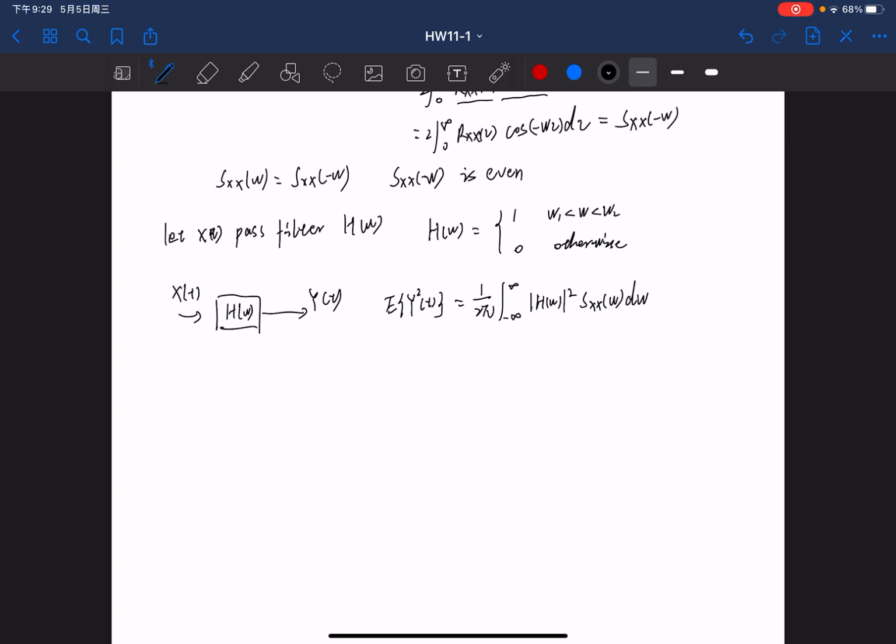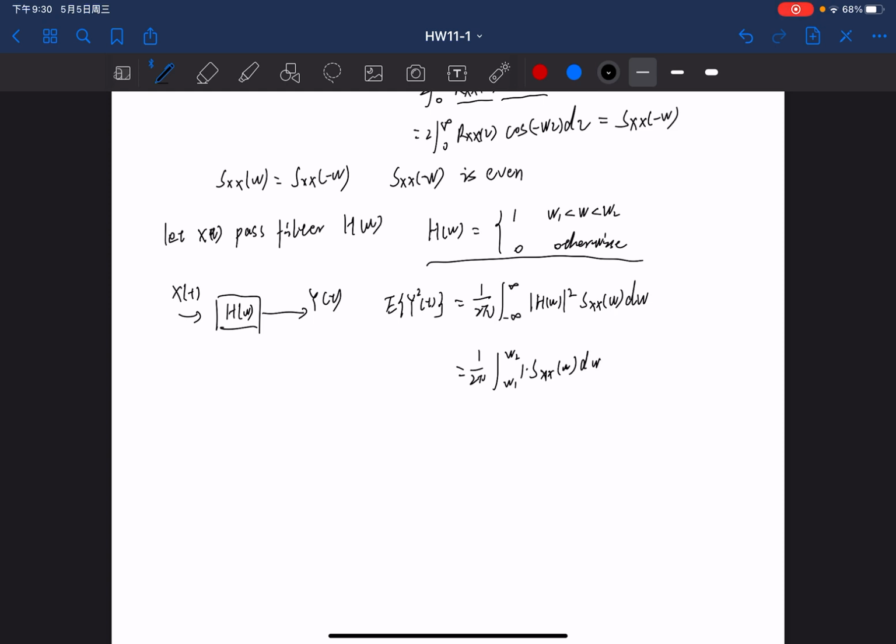And from this expression, we can know that when it is between omega 1 and omega 2, H(omega) equals 1, and otherwise it equals 0. So we can write it as this format. It equals 1 multiplied by S_xx(omega) d omega.